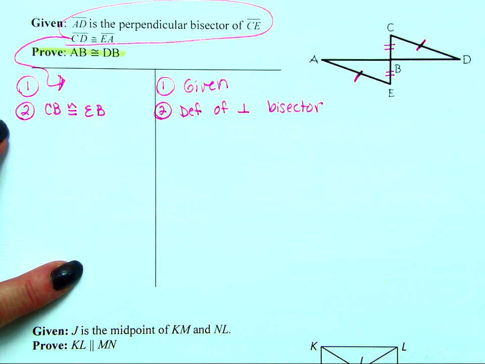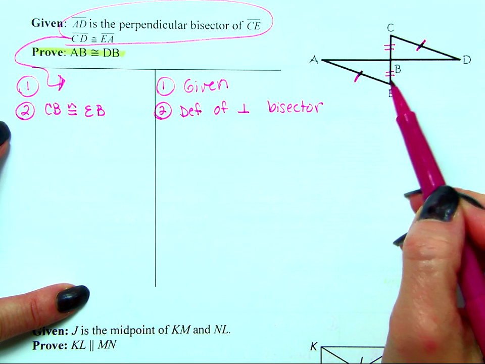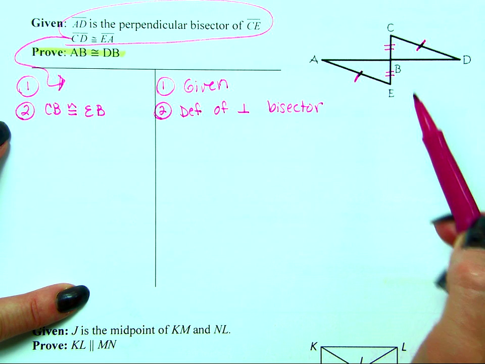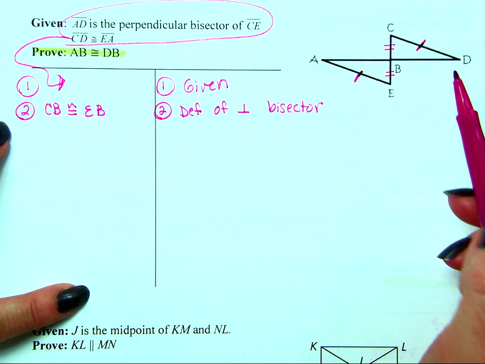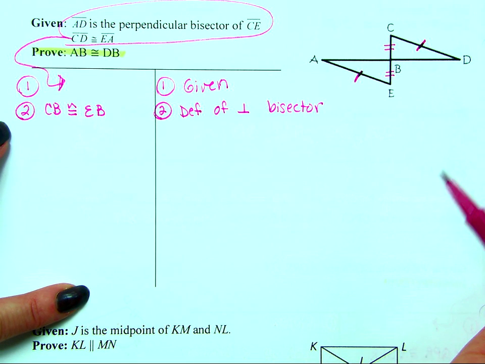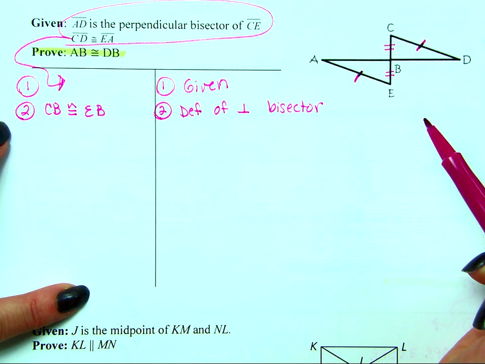Now, if I'm trying to prove my segment AB congruent to segment DB, I don't necessarily know that B is the midpoint of that, so I can't state that right now. I see vertical angles, but in this case, it would give me side-side-angle, and that wouldn't work.